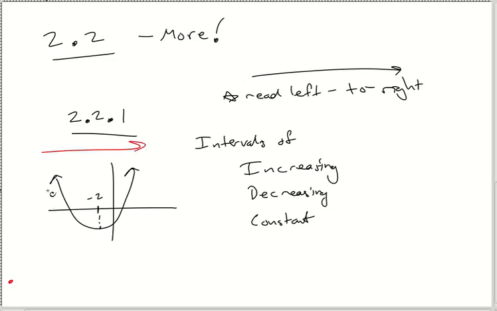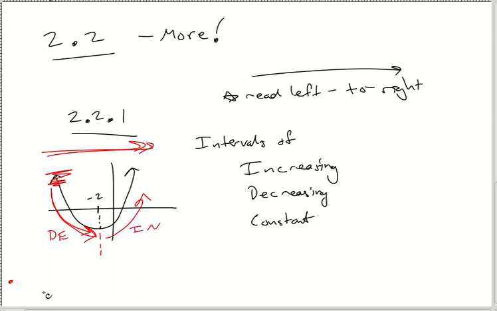As I'm going this way, notice that the graph is actually going down. Yeah, there's this arrow right here. That's deceiving. We don't want that. We're traveling this way on the x-axis, and you can see we're going down here, okay? And then at -2 it just stops for a second, and then it goes up. So over here we're decreasing, and on this side we're increasing.